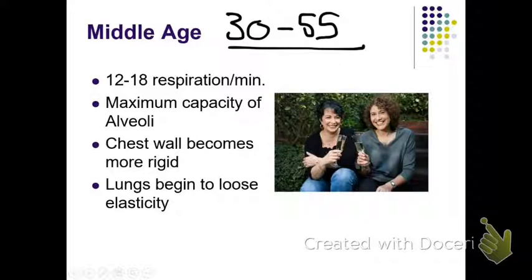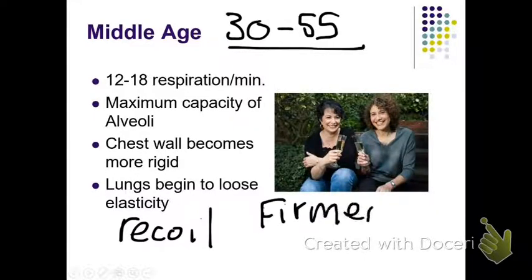Your respirations decrease just a little bit because as we age, we are reaching almost a carrying capacity or a plateau effect, and things start to become a little more rigid. The lungs will lose their elasticity or their ability to recoil as much, and everything becomes a little bit firmer as we enter old age.